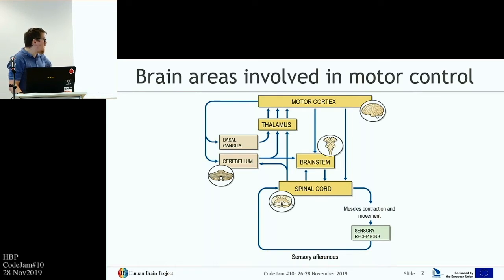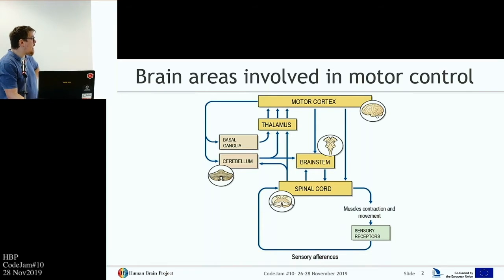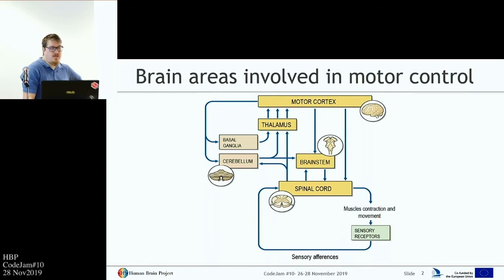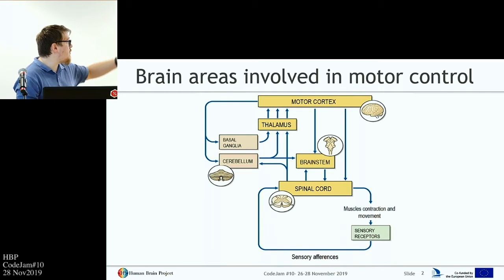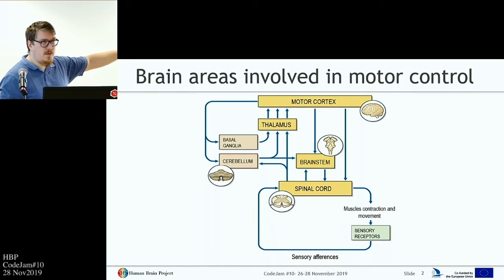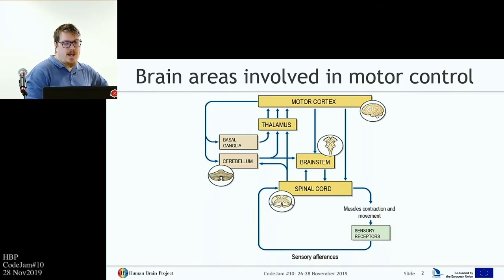Motor control involves a large number of different brain areas in a hierarchical way. So we have, of course, the motor cortex, thalamus, basal ganglia, the cerebellum on the side, and we have all these feed-forward and feedback loops, different connections between the different areas.